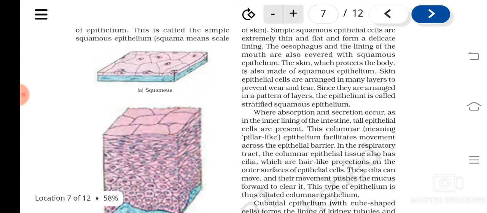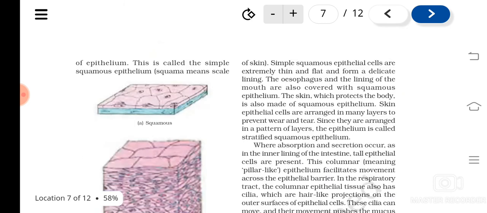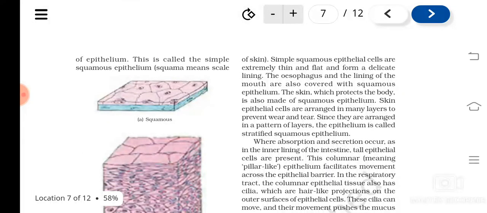What are they? First, you can classify them into simple and stratified. Simple means only one layer will be there, and stratified means many layers will be there. Simple itself depends upon the shape of the cells: simple squamous epithelium, then the columnar epithelium and cuboidal epithelium.